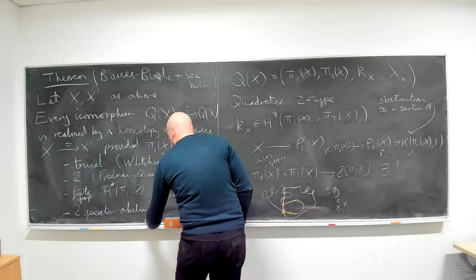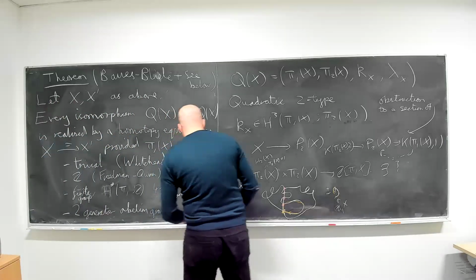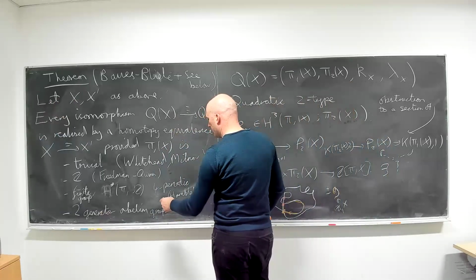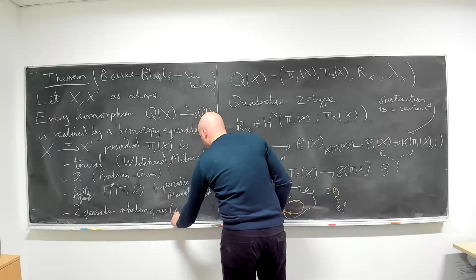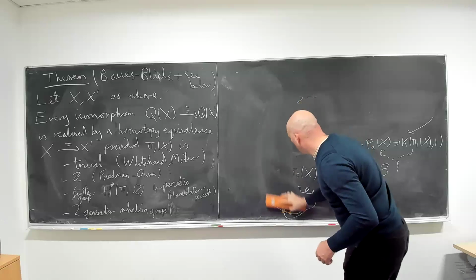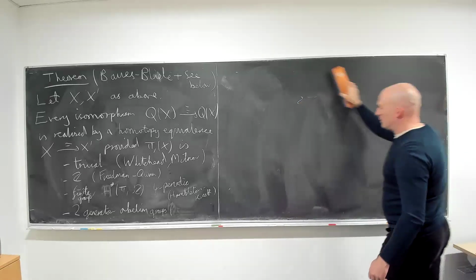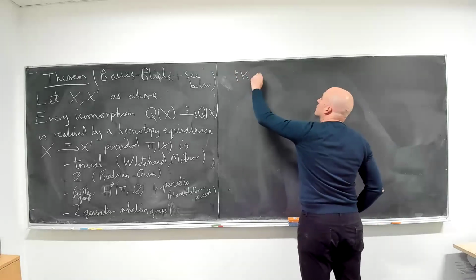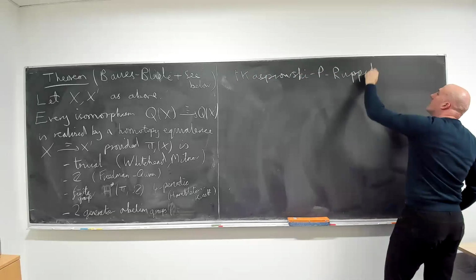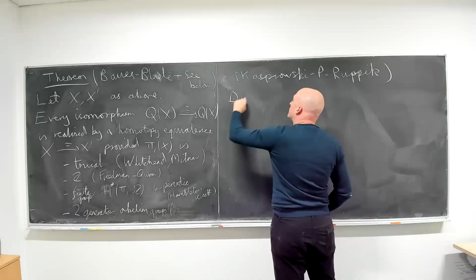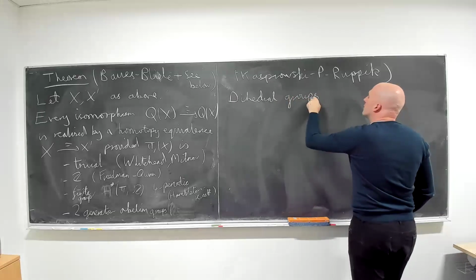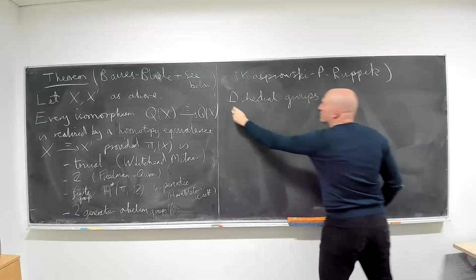The other family of groups are two generator abelian groups. So if it suffices to use 2 generators to generate your group, and that was joint work with Daniel Kasprowski and Ben Ruppik. Then finite dihedral groups.